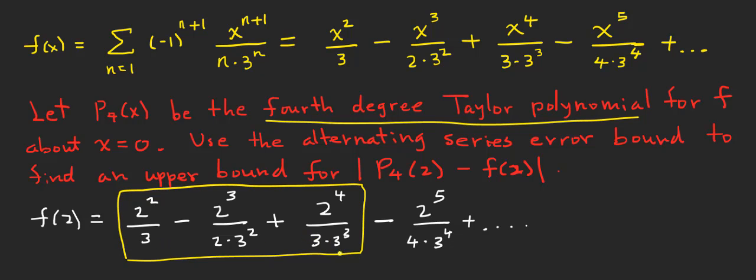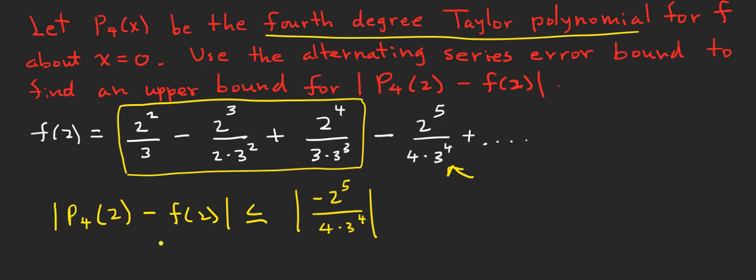Now, what is the first unused term? First unused term will be this right here. So to find the maximum error is going to be the absolute value of negative 2 to the 5th power over 4 times 3 to the 4.